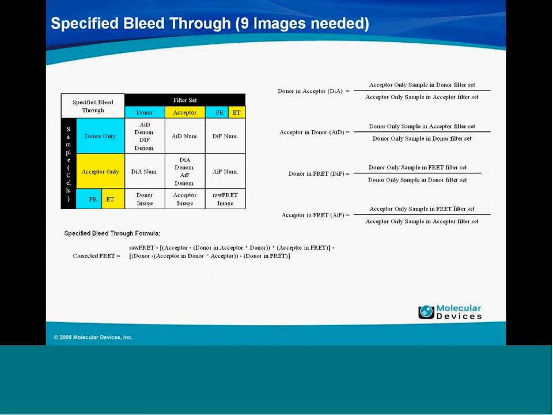I'm sorry, I'm just reading some of the questions that just came in. So, Brian Snyder asked, how do you address bleed-through with intermolecular FRET experiments such as chameleon?